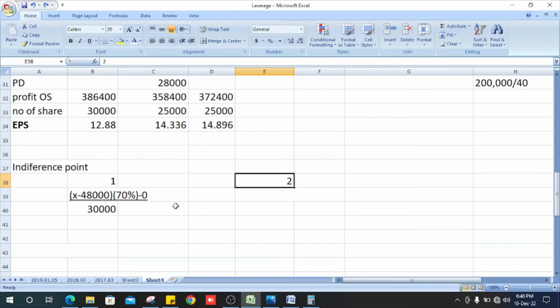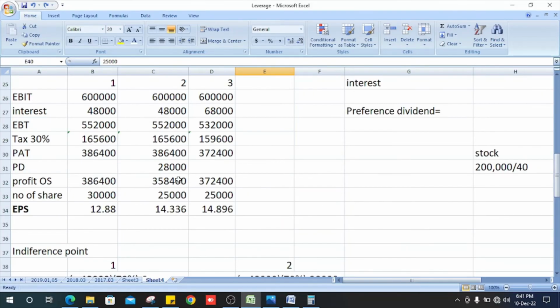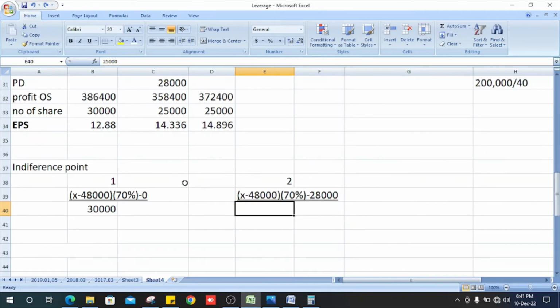Next option 2, (X minus 48,000 interest) times 70%, which is 100 minus tax, minus 28,000 preferred dividend, divided by the number of shares, 25,000.